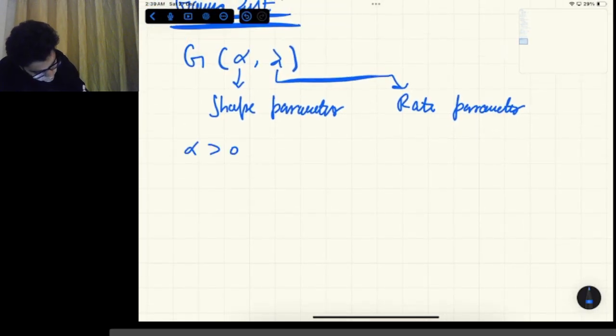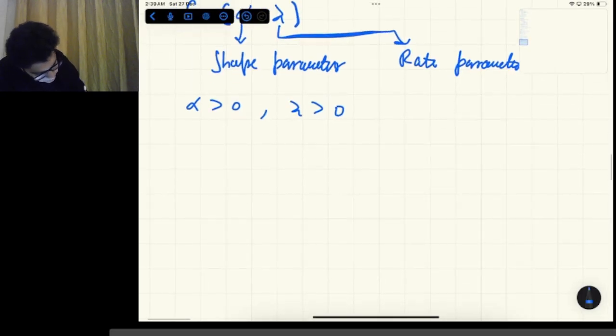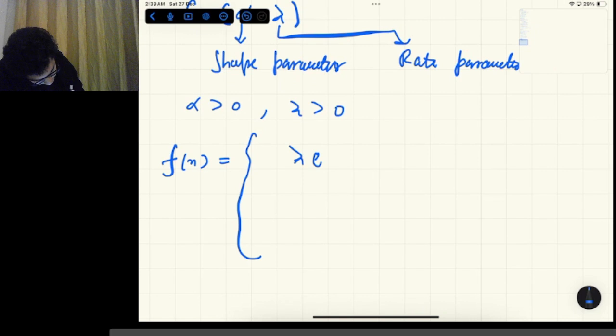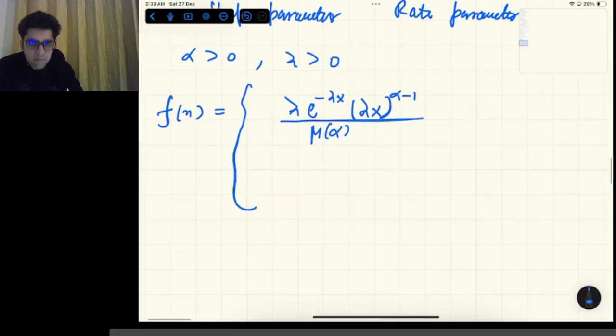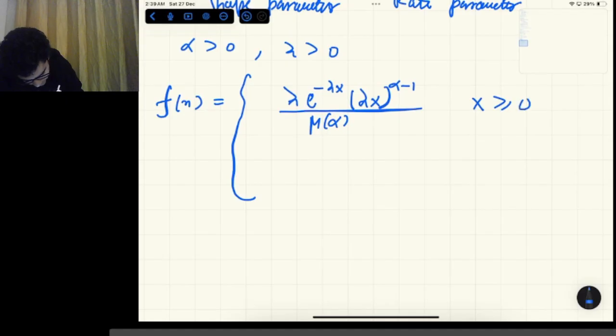Now alpha is always greater than 0 and lambda is also always greater than 0. So the PDF of the gamma distribution is f of x equal to lambda e to the power minus lambda x, times lambda x to the power alpha minus 1, divided by the gamma integral, when x is greater than or equal to 0, and 0 when x is less than 0.